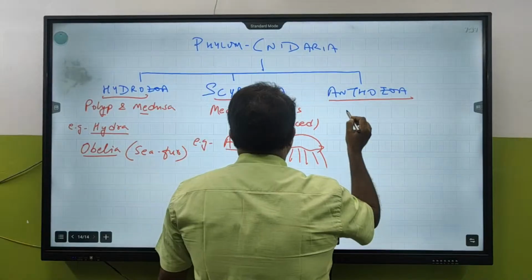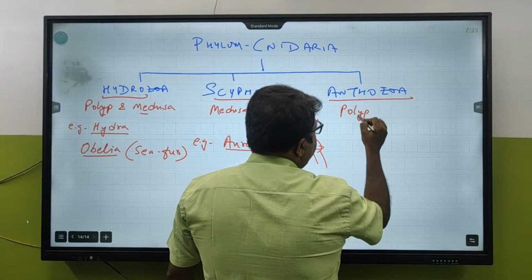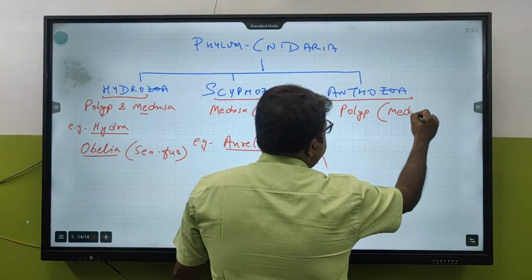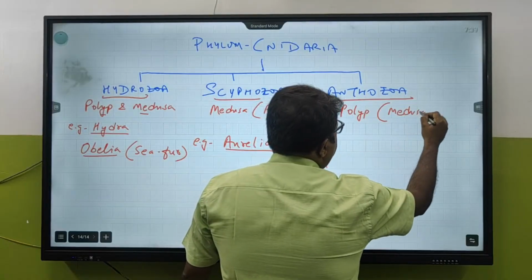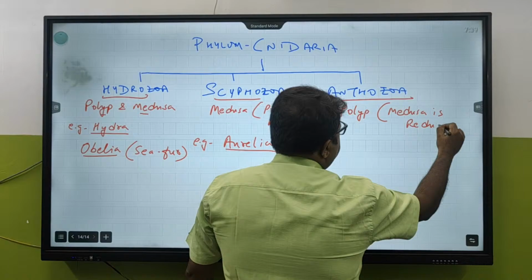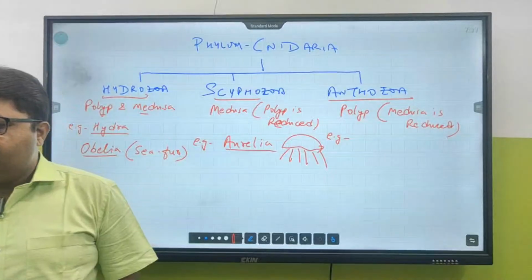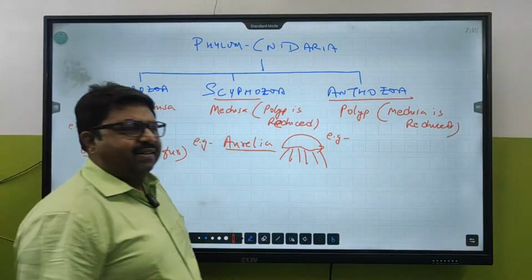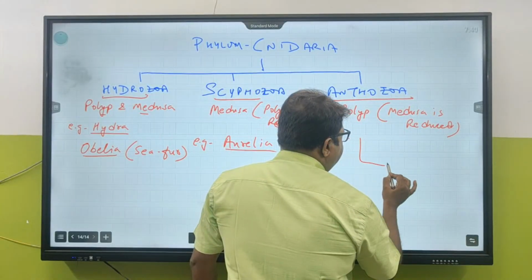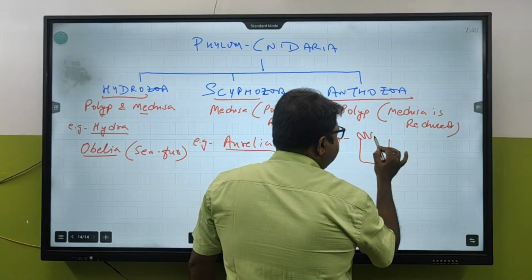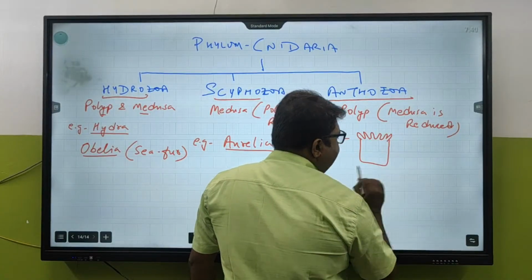When we talk about Anthozoa, they have got polyp as the main dominant one and medusa is reduced. Tell me the example of Anthozoa. The first one which comes to your mind immediately is this structure.